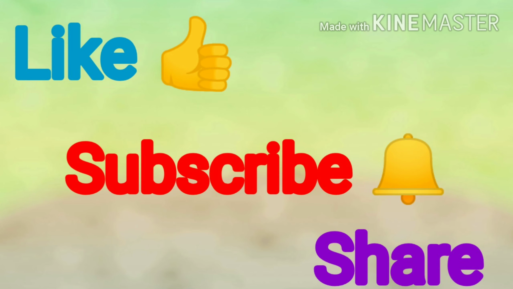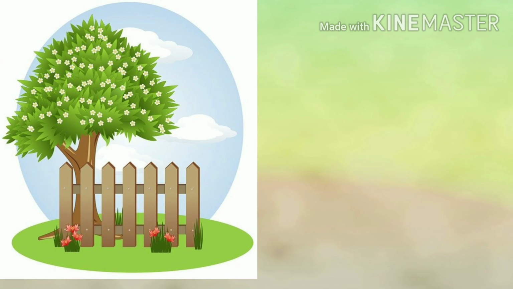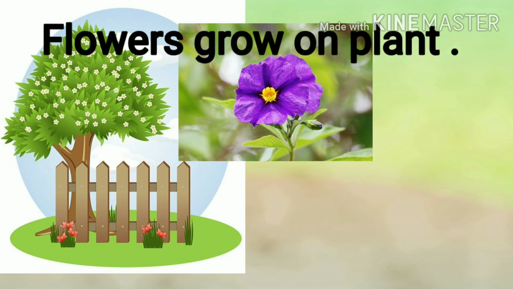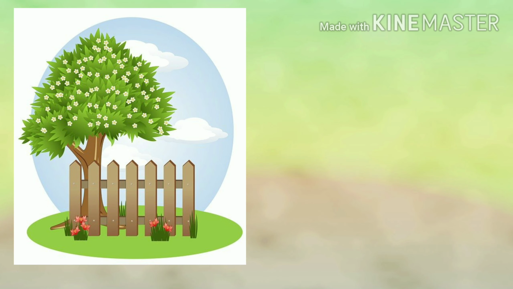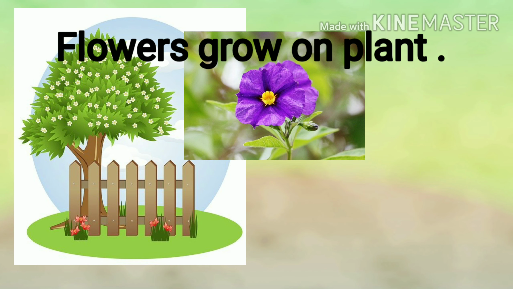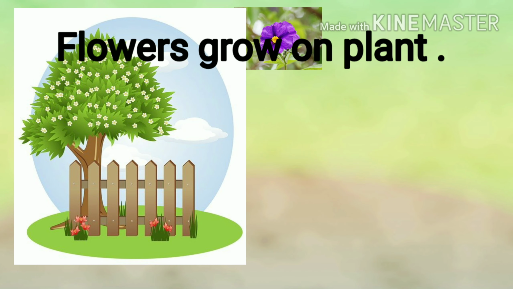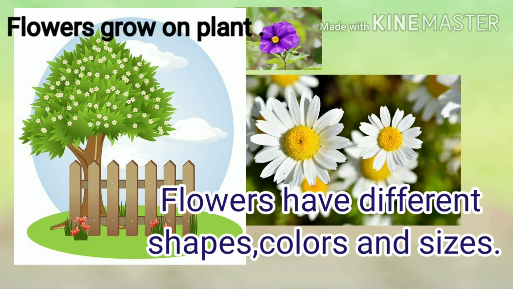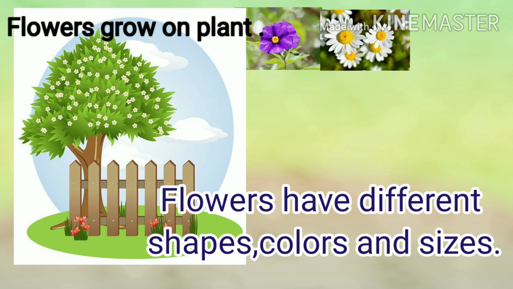Let's start. Look at this tree. There are a lot of flowers. Flowers grow on plants. Flowers have different shapes, colors and sizes.